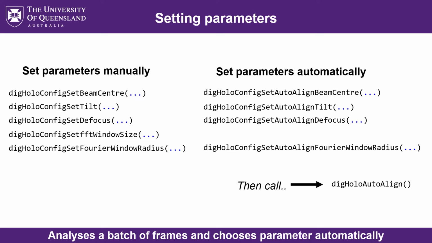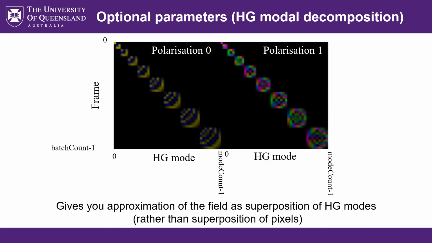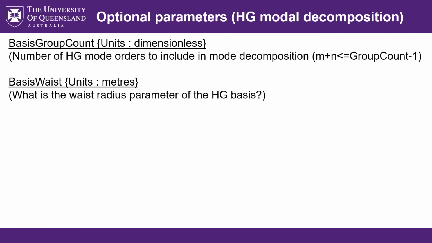It doesn't automatically guess the size of the initial FFT, that is the FFT window size parameter. You have to set that yourself, or it'll just end up being whatever the default is. If you want to do a Hermite-Gaussian modal decomposition or some sort of related modal decomposition, then there's also some additional parameters you'll have to specify, some of which can also be set manually or estimated by AutoAligh.